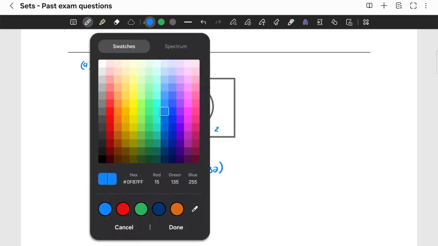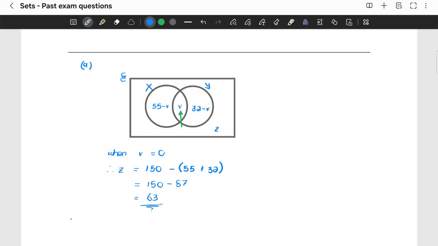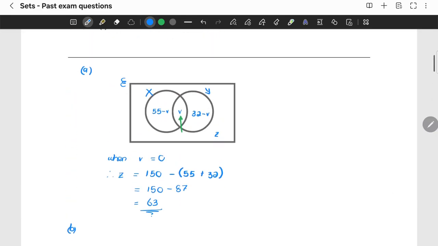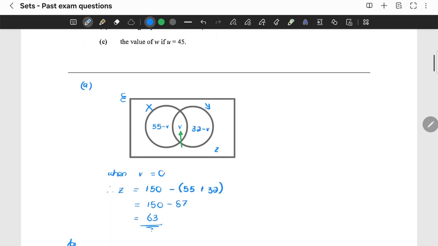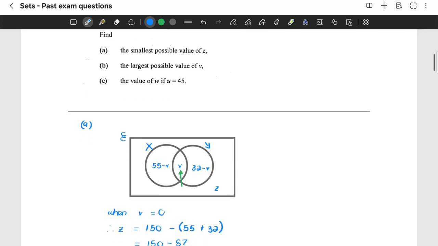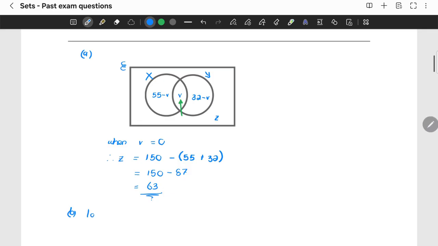Part B then says, find the largest possible value of v. The largest possible value of v is equal to 32, since y can only be 32 minus v, so v cannot be anything greater than 32.